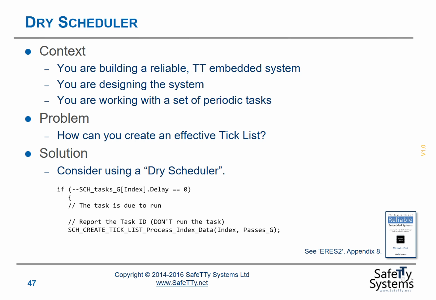The scheduler doesn't release any tasks, but this time, rather than releasing the tasks, we simply make a record of the task that should be executed at this point in time, or we report that information, for example, over a serial link to a desktop or laptop computer. So this is known as a dry scheduler. It's an effective way of creating a tick list. You'll find information about this in the ERS2 book in Appendix 8. This is a technique we generally use to create tick lists.